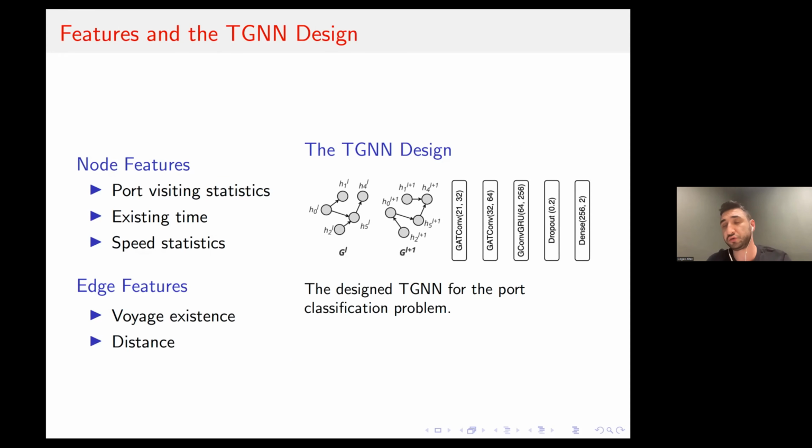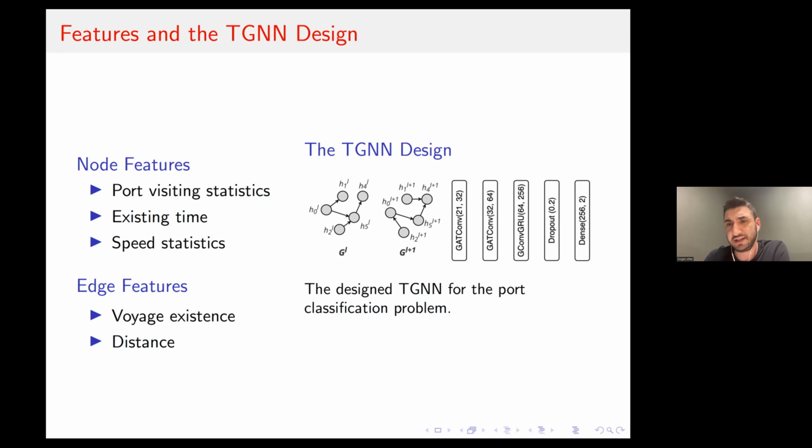If two nodes are connected to each other, that means there is at least one voyage between these two ports on that day. And if there is a voyage on that day, we attach the distance of these two ports, the haversine distance, to the edge information. On the right-hand side, we see the TGNN design that we use. The first two layers are attention-enabled convolutional layers.